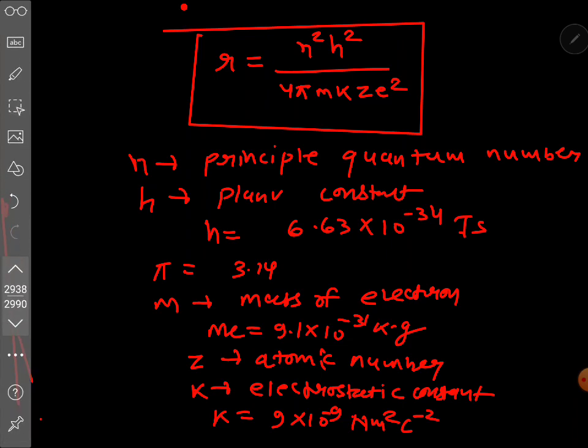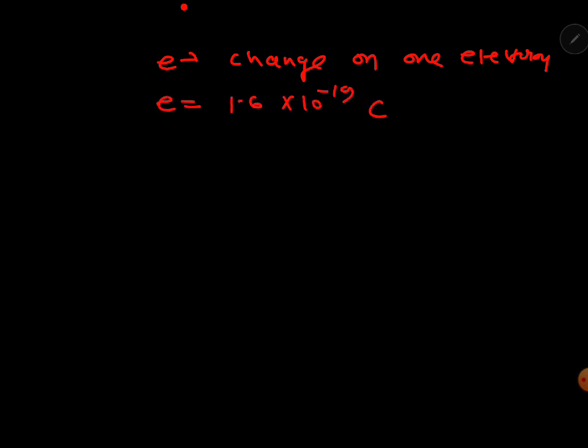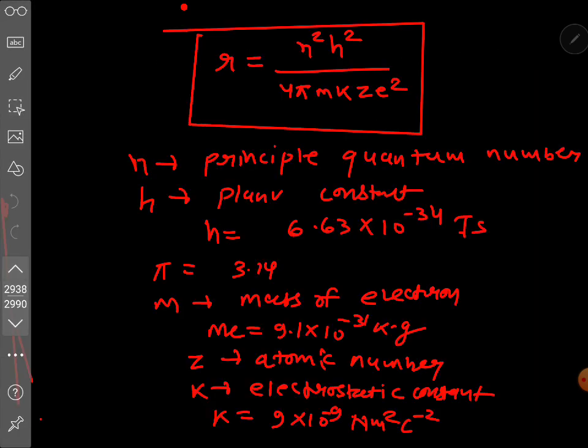Also e is the charge on one electron, which is equal to 1.6 into 10 to the power minus 19 coulomb. So this is the radius of the permitted orbit in Bohr's quantization condition.